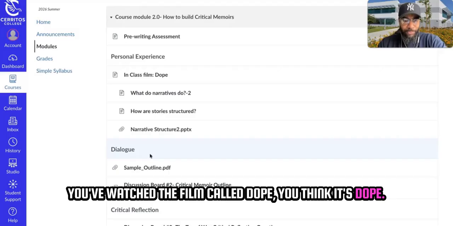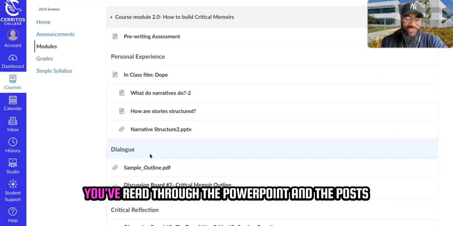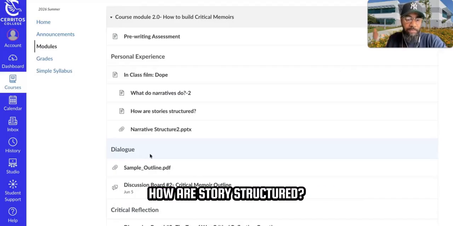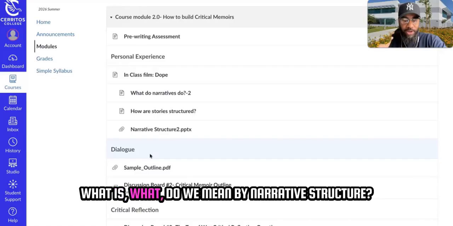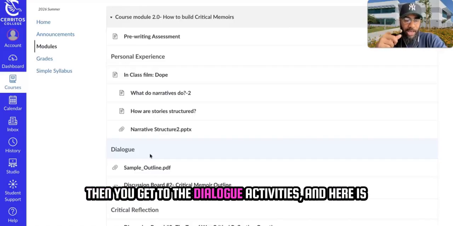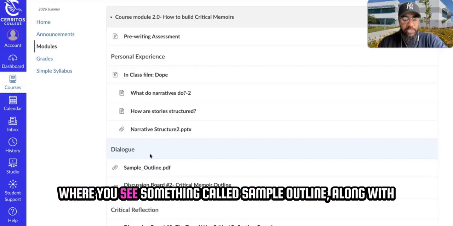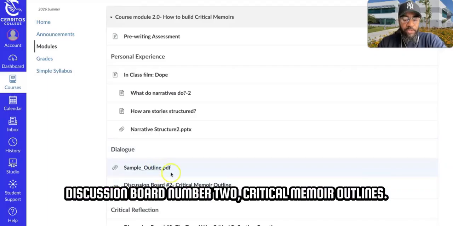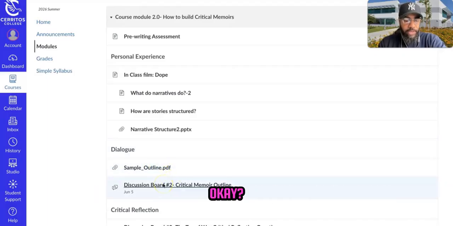You think it's dope. You've read through the PowerPoint and the posts on what do narratives do? How are stories structured? What do we mean by narrative structure? Then you get to the dialogue activities, and here is where you see something called sample outline, along with discussion board number 2, critical memoir outlines, okay?